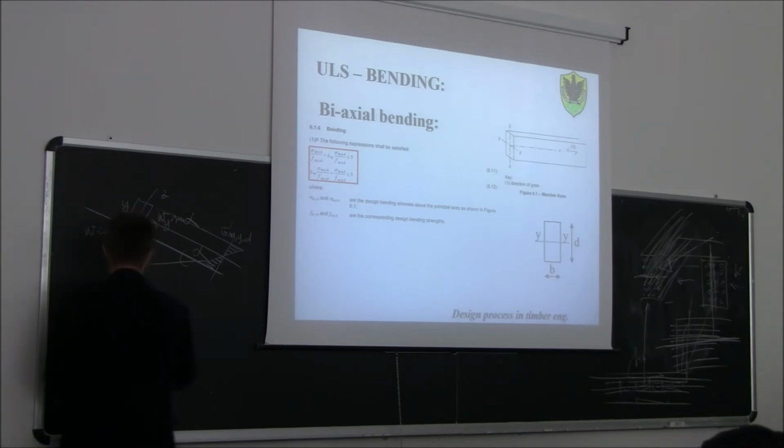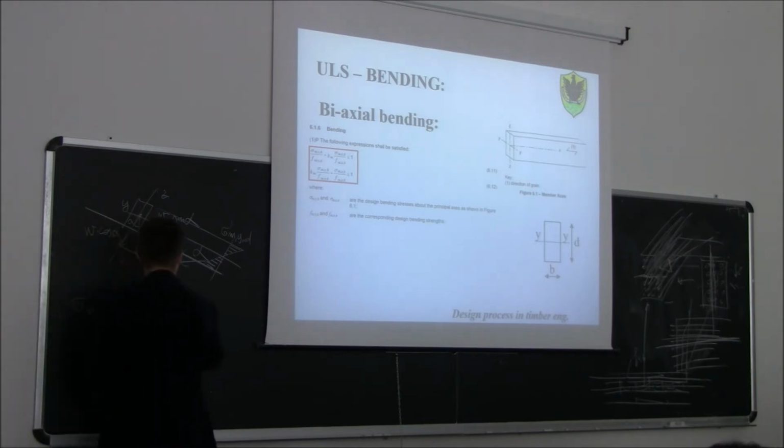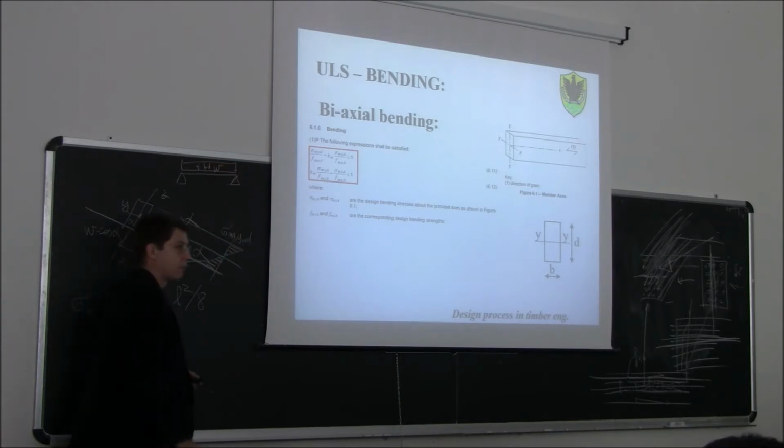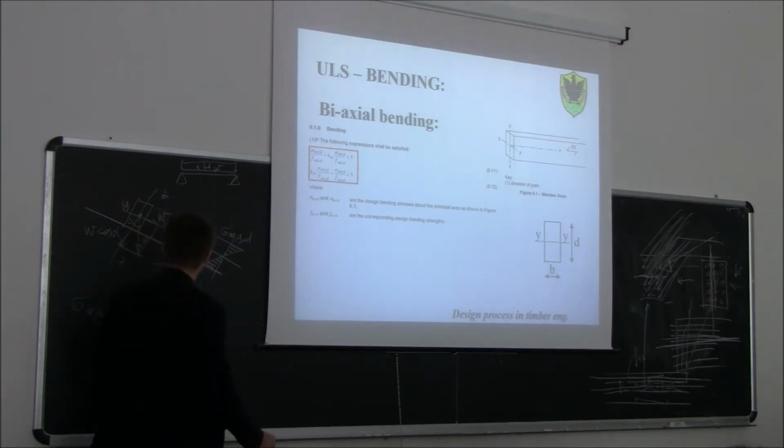It will be W cos alpha, this is the load, times L squared divided by 8, assuming we have a simply supported beam like this, for the sake of simplicity. Divided by the section modulus around y.